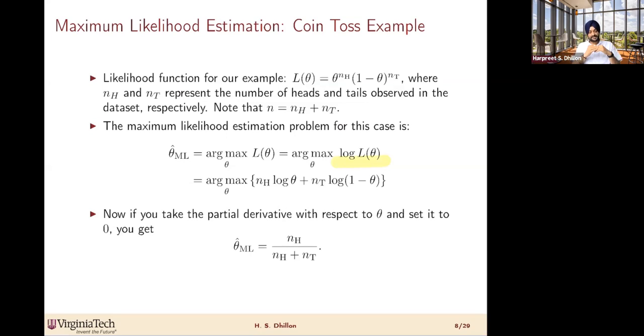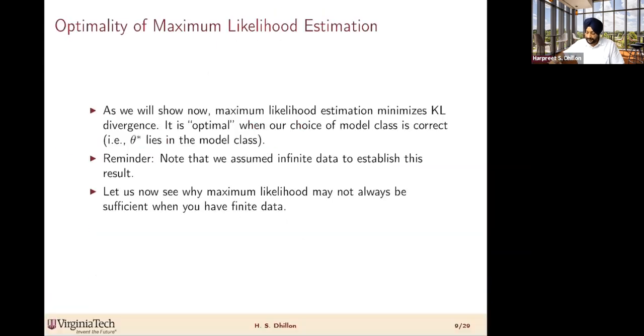The ML estimate that you get for this example is actually quite intuitive. Theta ML is nothing but NH, the number of heads in the sequence, divided by the total number of samples in the sequence. So a very intuitive estimate.